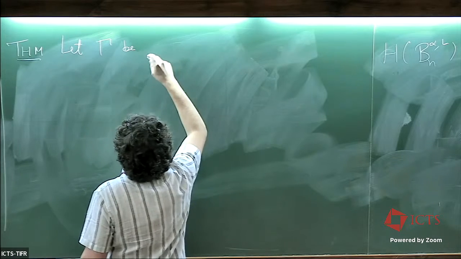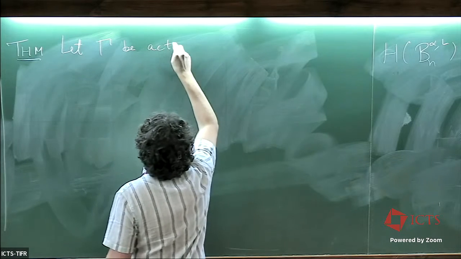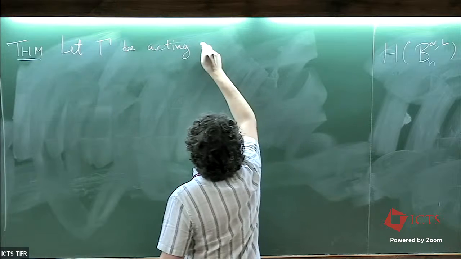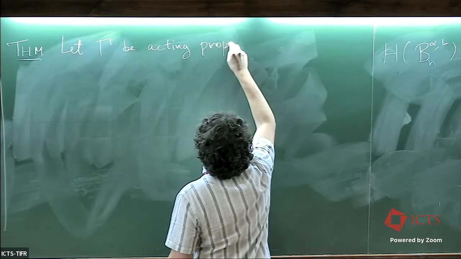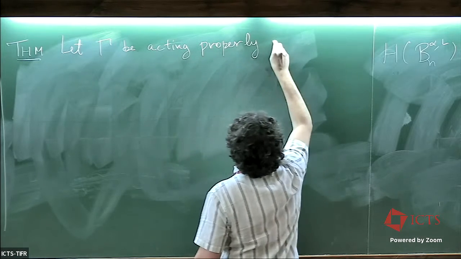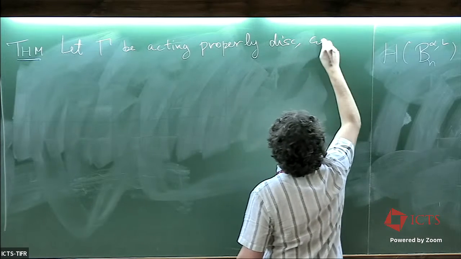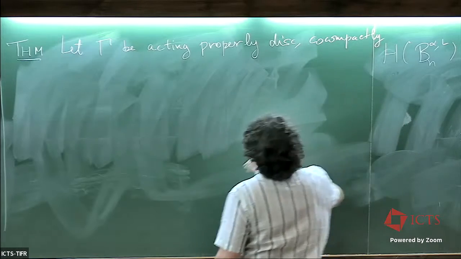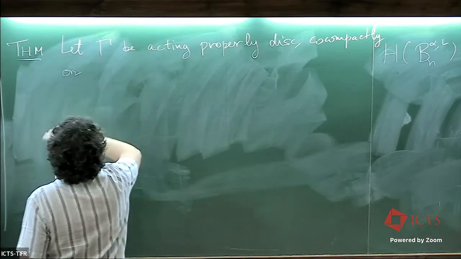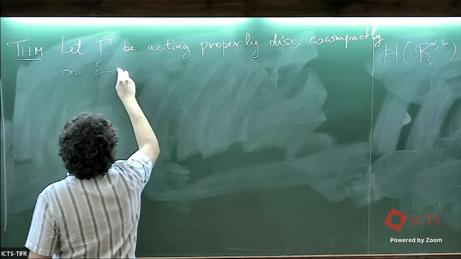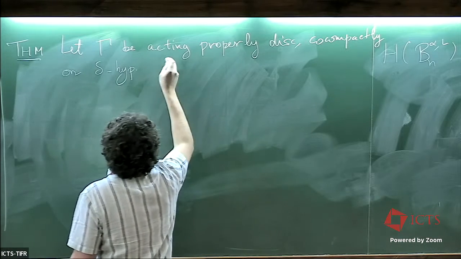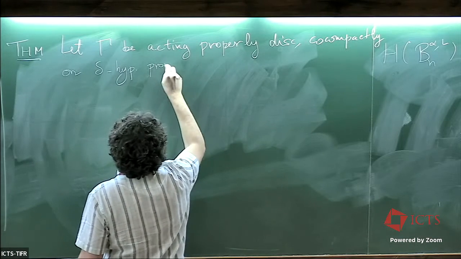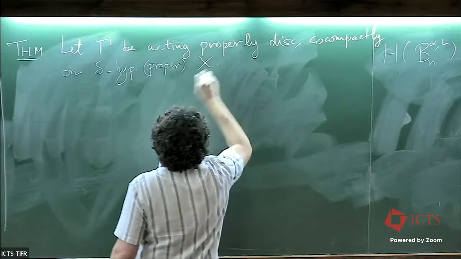So let's say it's a group that acts properly, discontinuously, and co-compactly on a delta-hyperbolic, proper space X.